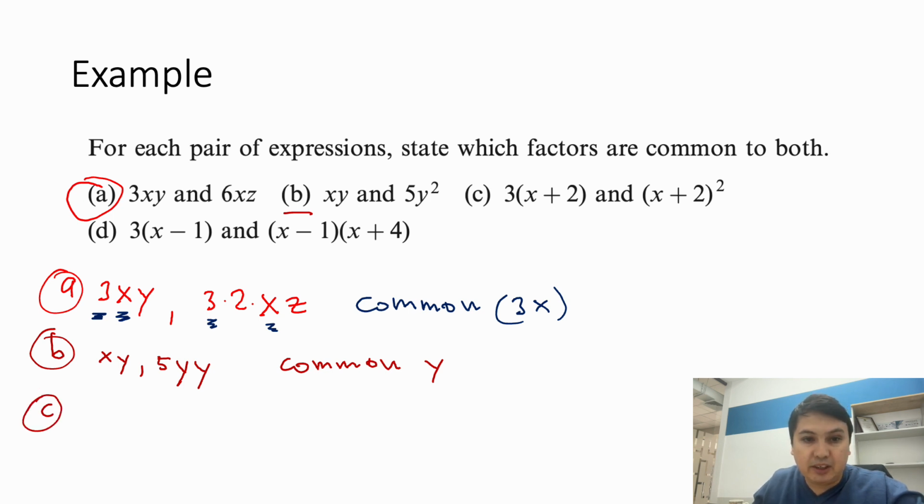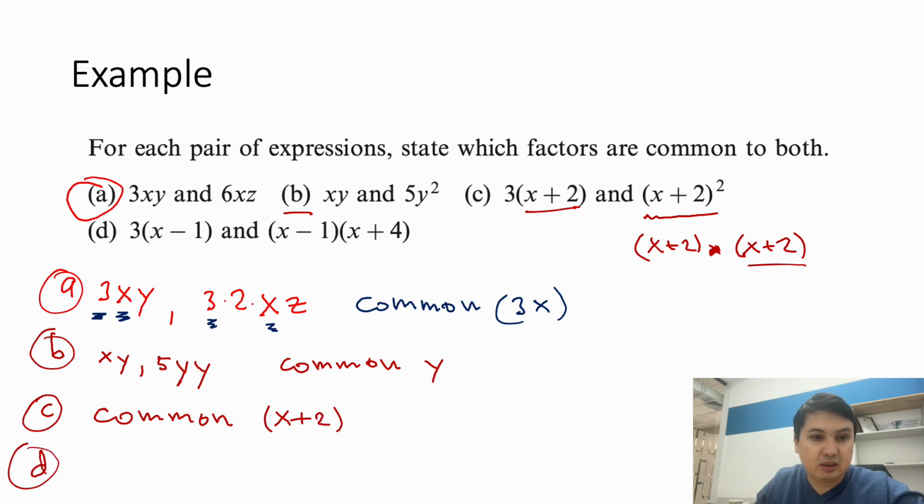I can write x plus 2 squared as x plus 2 times x plus 2. Now I see that x plus 2 is common to both. 3 is not common. The other x plus 2 is not common. So here the common term would be x plus 2. And finally D. So what do we see? 3 is not common. So x minus 1 is common to both, right? So here the common factor is x minus 1.